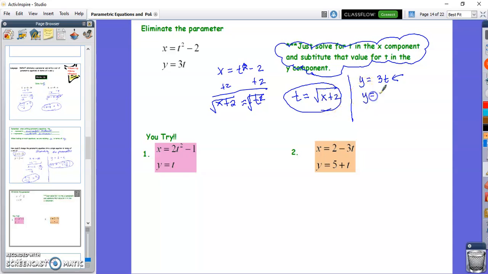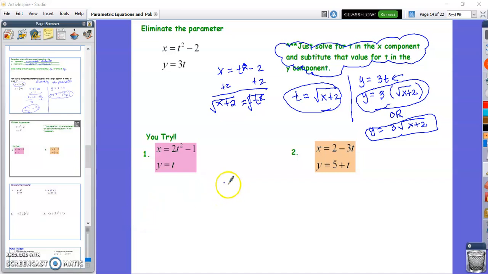So y is equal to 3 times the square root of x plus 2. That's going to be my equation: y equals 3 times the square root of x plus 2. They're just going to be the same thing.